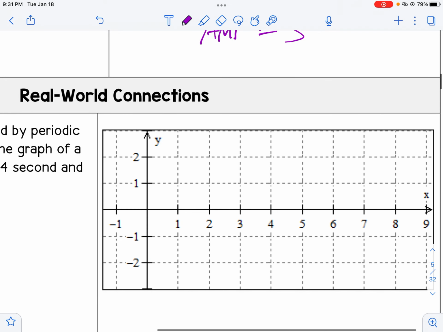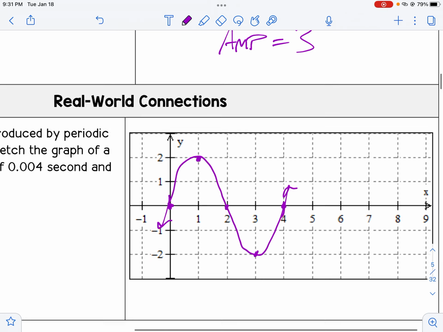So if I start here and I end at 0.0004, then that means I would have a maximum at 2 and a minimum at -2. So my curve would look something like this. And I could continue that obviously as much as I'd like to.